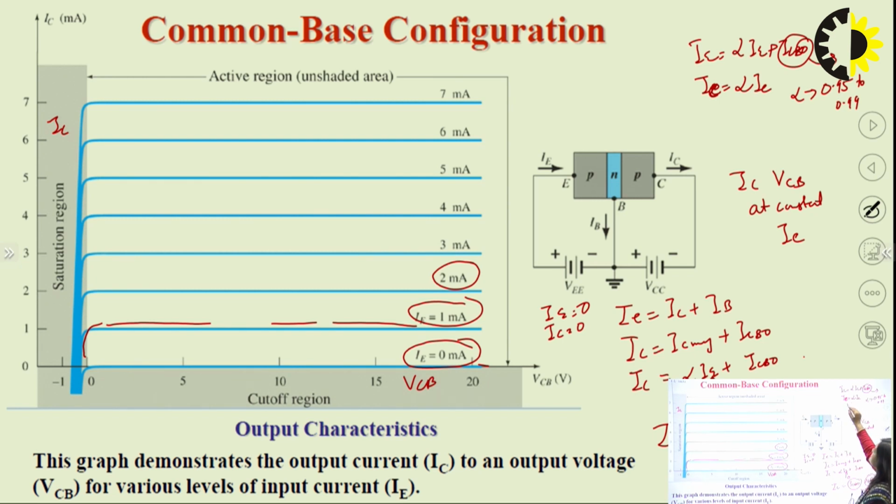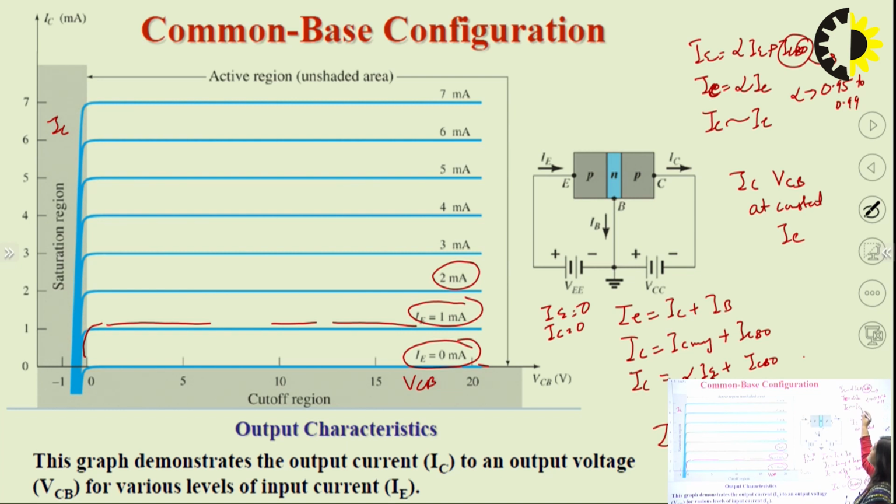So this IC and this IE are nearly equal in the case of common base configuration. That's why common base configuration is generally not used for amplification purposes. The current gain in the case of common base configuration is nearly equal to unity.